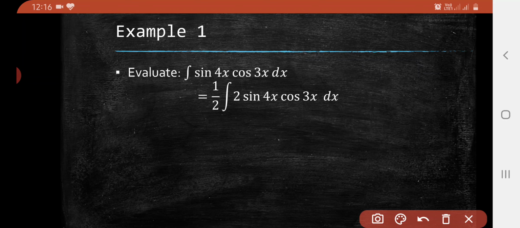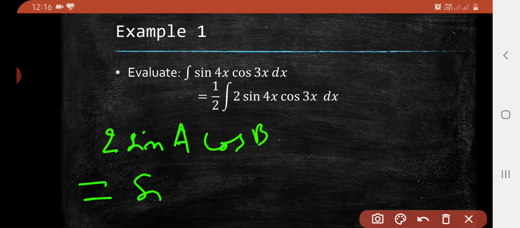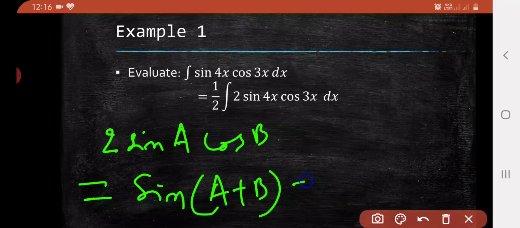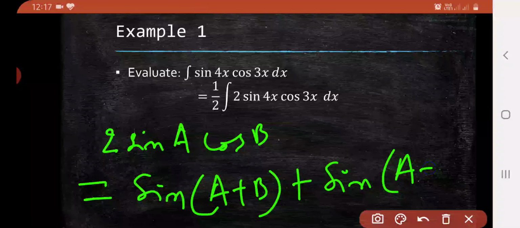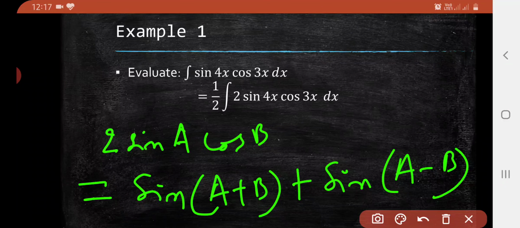So basically, 2 sin a cos b equals sin(a plus b) plus sin(a minus b). That's the formula, and that's exactly what we are going to apply. So let us do that.